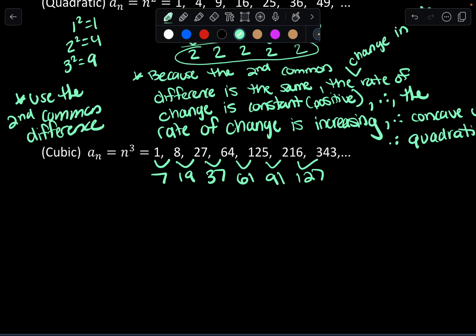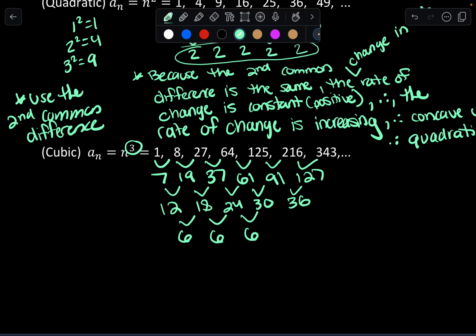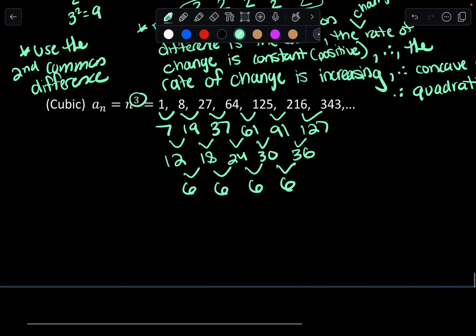All right, so we don't have a common difference, so let's go down another level. 7 to 19 is 12. And then we have 18, 24, 30, and 36. So now, hopefully you've noticed the pattern. Because it's a degree 3, that means we're going to have to go down 3 differences. 12 to 18 is 6, 18 to 24 is 6, 24 to 30 is 6, 30 to 36 is 6.